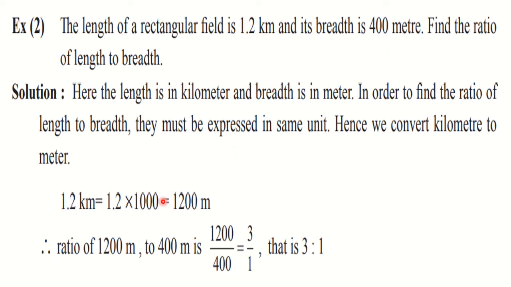So the ratio is 1200 upon 400. These two zeros cancel, and 12 we can write as 4 into 3, and 4 we can write as 4 into 1. The 4 cancels and the answer is 3 upon 1, that is 3:1. That means the ratio of length to the breadth is 3:1.